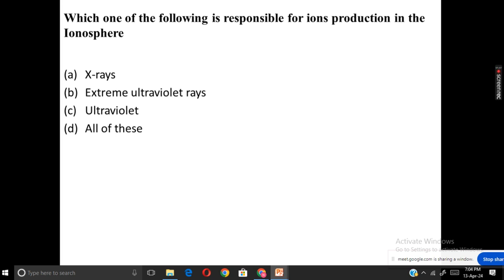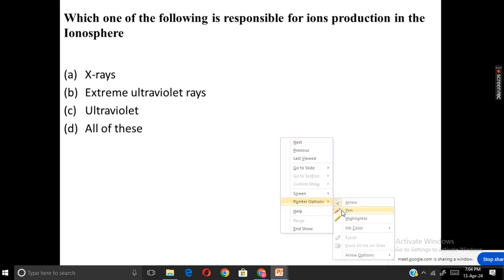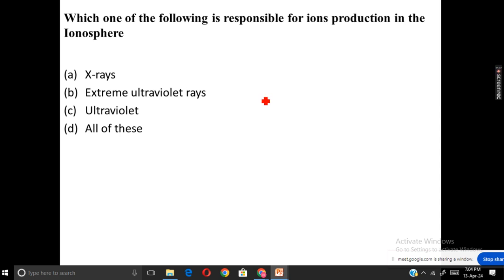The first question is, which one of the following is responsible for ion production in the ionosphere? As we know, in the ionosphere, ions are basically produced by the incoming shortwave solar radiation.